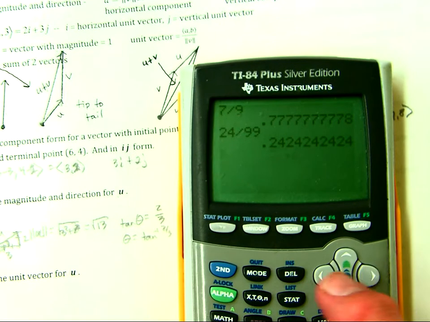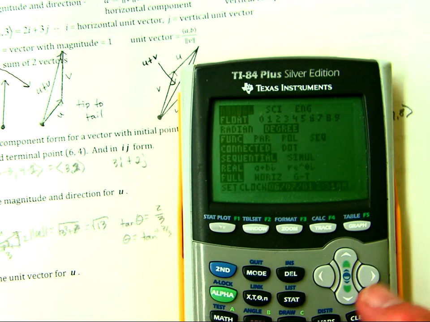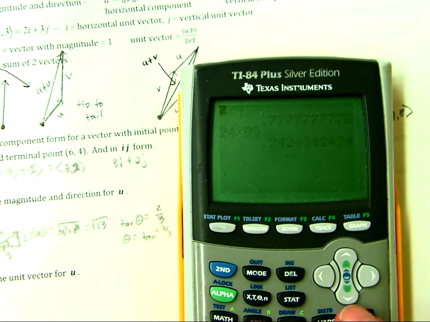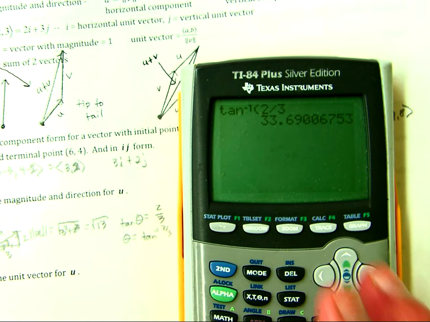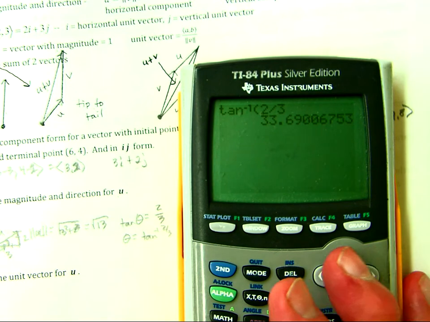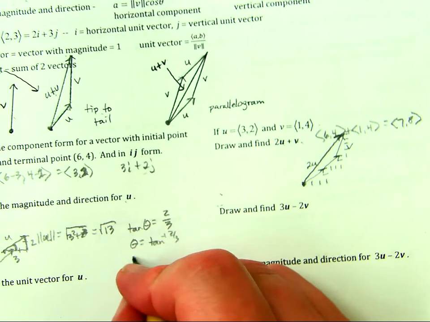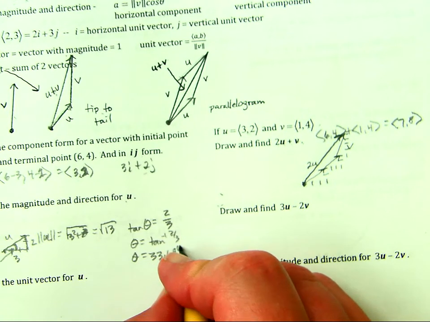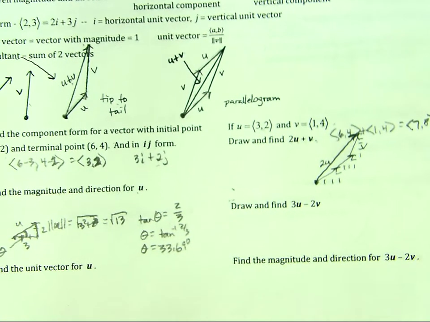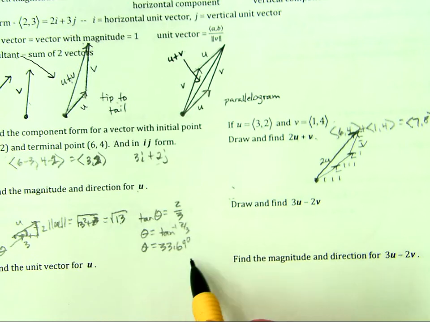So you would do that on your calculator. Here, if I want to make sure that I'm in degrees, now we just do second tangent of 2/3. We get 33.69 degrees. So that's our magnitude, the square root of 13. Our direction is 33.69 degrees.